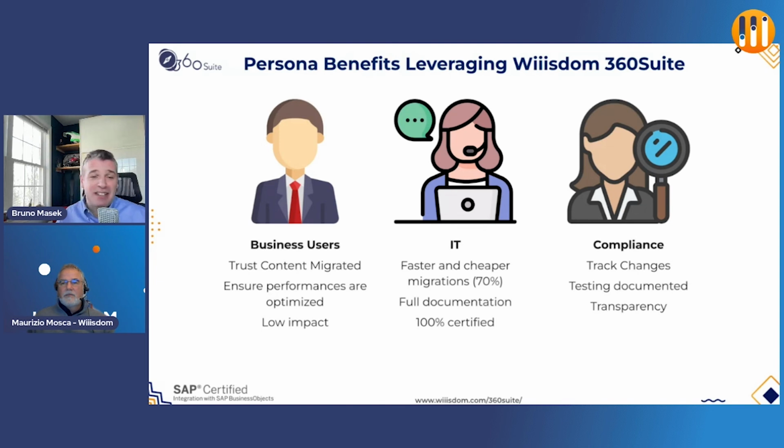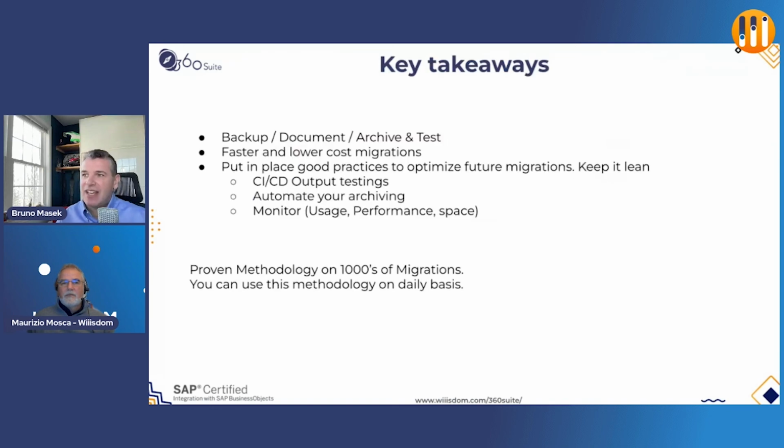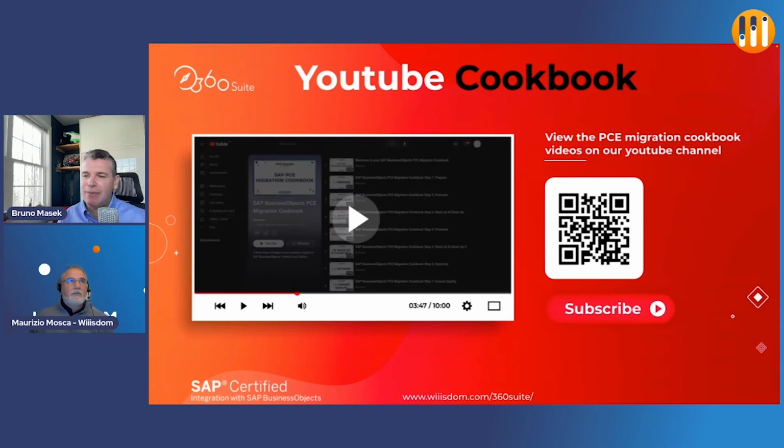But the reality is they can actually track all the changes. They can see that everything was tested. So that's one of the key values. In terms of key takeaways, I could spend 10 minutes just talking about that. But the reality is we've done that on thousands of migrations. So you can trust it, and you can recycle that methodology on a daily basis.